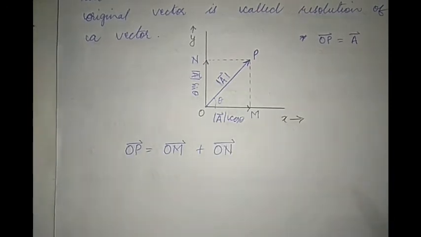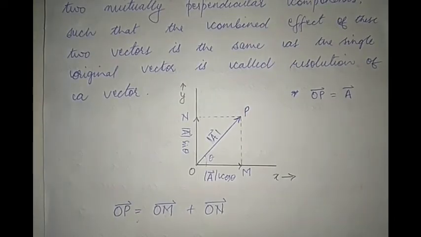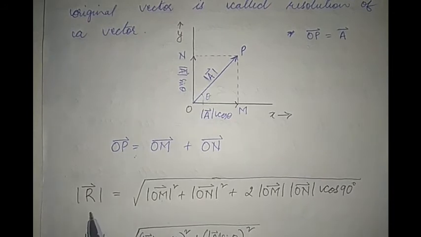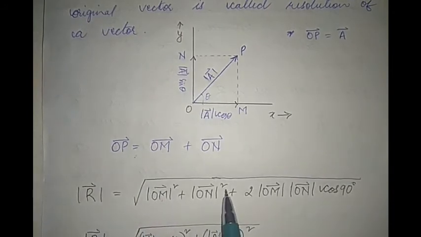We can also calculate the magnitude of the resultant of vectors OM and ON by following the parallelogram rule. According to the parallelogram rule, the magnitude of vector OM plus vector ON is given by R, which is the square root of A squared plus B squared plus 2AB cos theta.